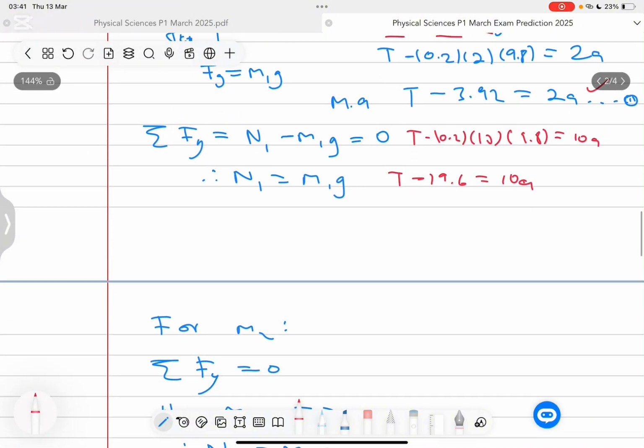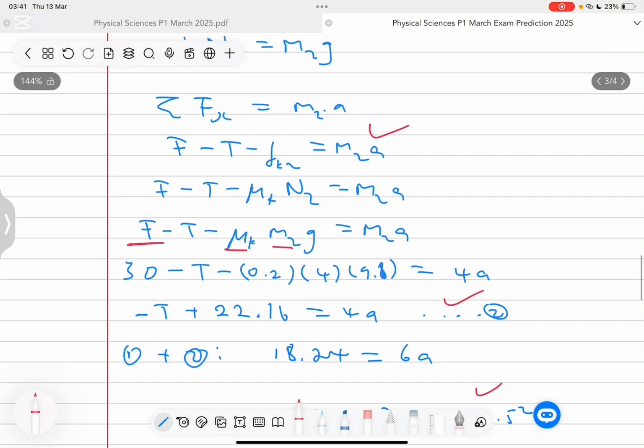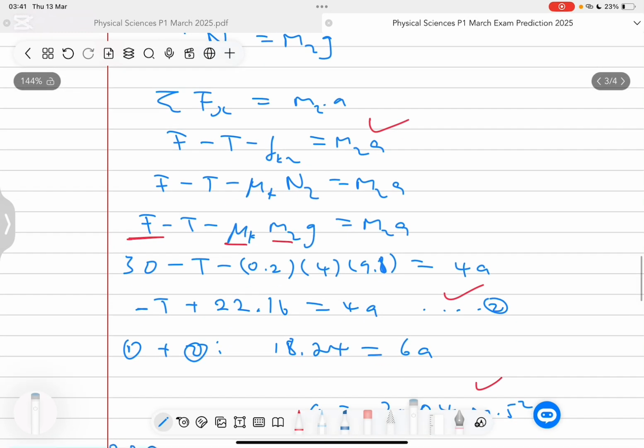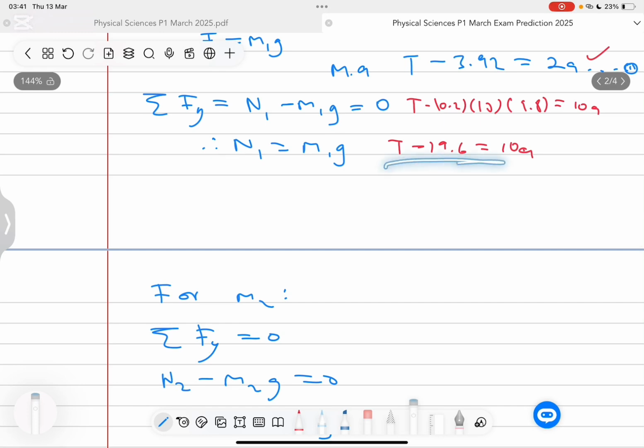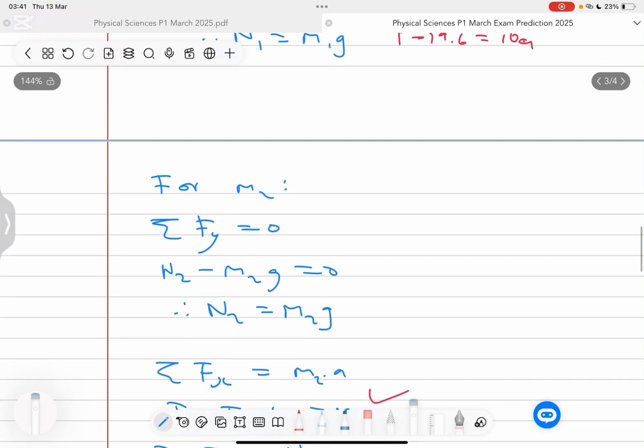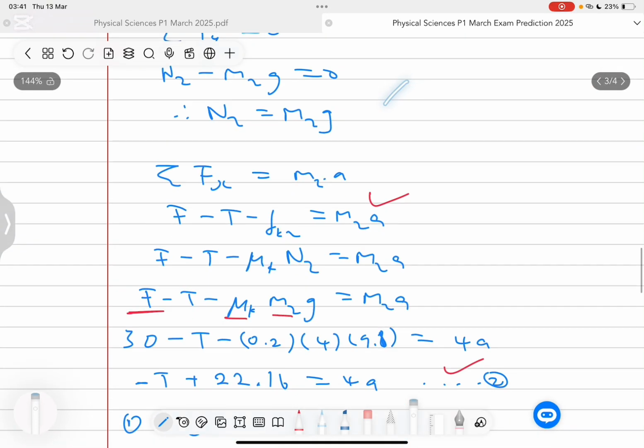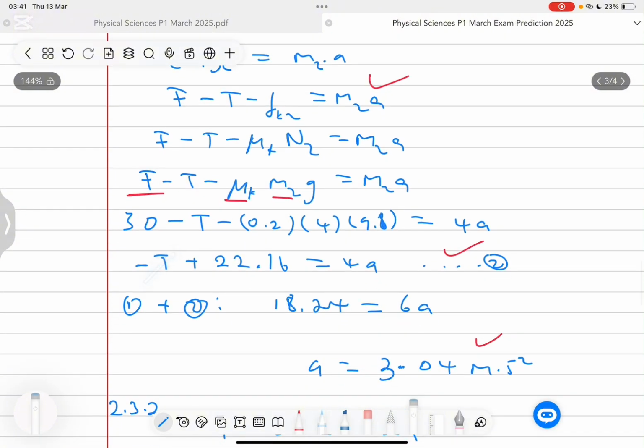Now, on this equation, we don't have a, right? It means now that I'm still going to add my equations. I'm going to add this equation with this new equation where we have 10. You can see that the T and the T still cancel each other, because this other T is negative.